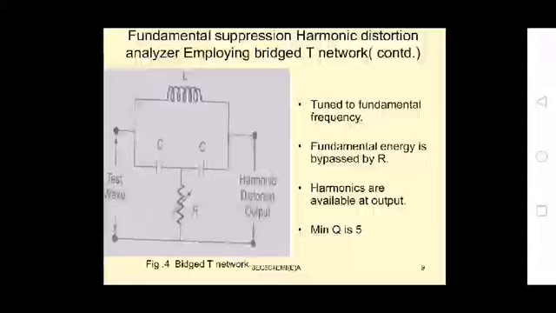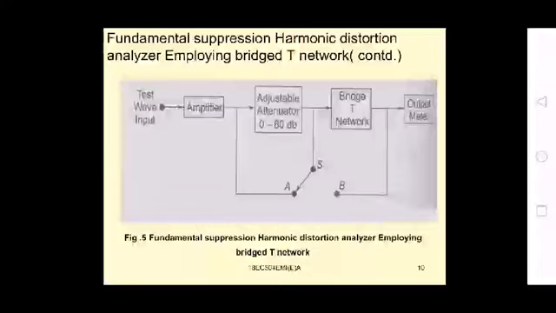So this is the second method. In this one, employing the bridge stability network, you will have the test wave input that is amplified. Then you will set the required measurement of attenuation by using the sensitivity control.